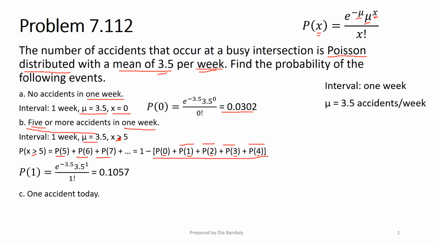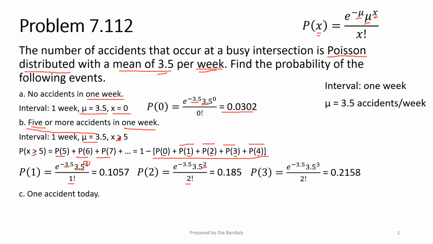That's easy. P of 1, again, mu is the same. So you see that these are not changing compared to the one that we did in part A, but what changed is the value of x. Now it's 1, so that's 0.1057. P of 2, also what will change is only the x value. Now it's 2.